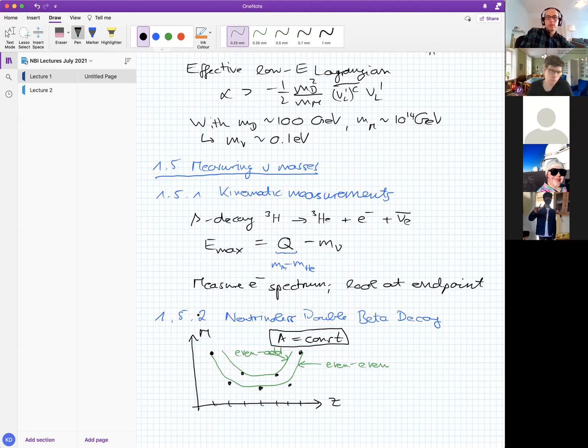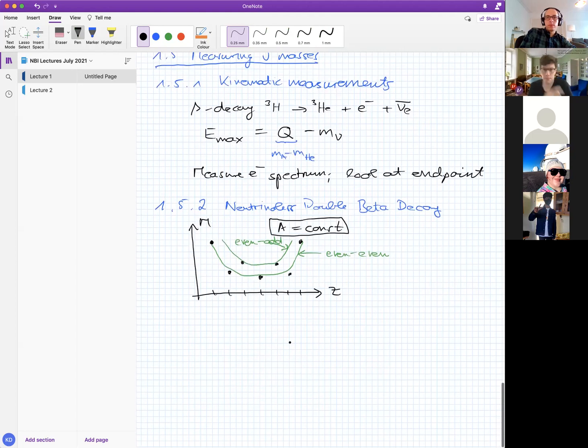Okay, now the decays that are possible here, of course, decays always go to a state of lower energy. So here we can, for instance, so this one here can decay into this one via a beta minus decay.